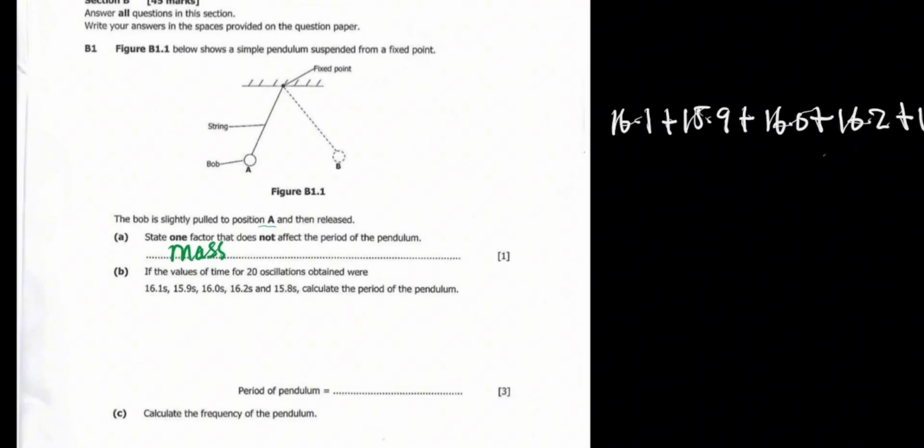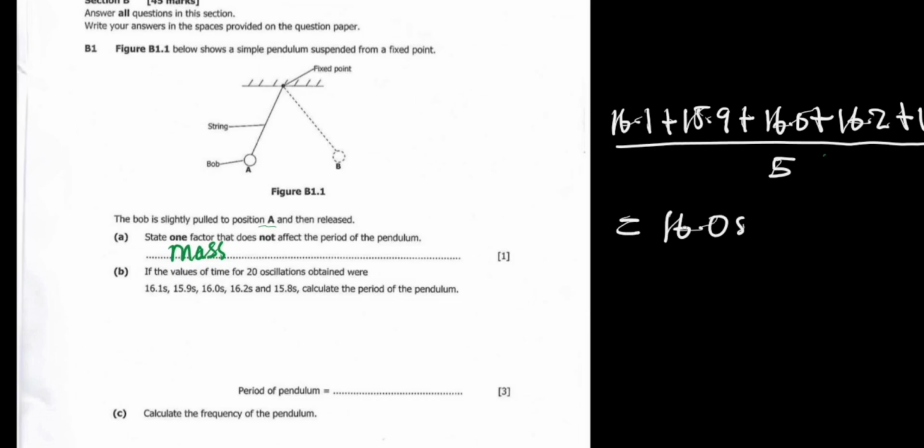So if we find the average here, we are going to get 16.1 plus 15.9 plus 16.0 plus 16.2 plus 15.8 over 5, so we're going to divide by 5. This is going to give us the average of 16 seconds.